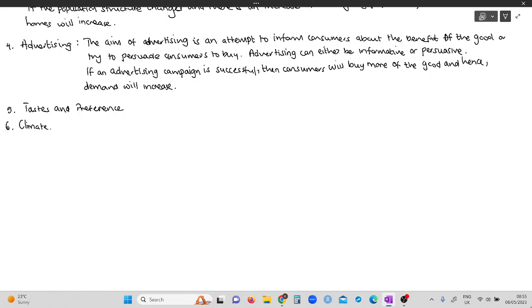Donc, gouvernement, il y a des choses que le gouvernement peut faire. Par exemple, le gouvernement peut prohibit the consumption of some goods so that the demand will fall, or even encourage the consumption of certain types of goods by providing subsidies, etc. D'accord? Donc, les factors qui influencent demand, it varies depending on questions.